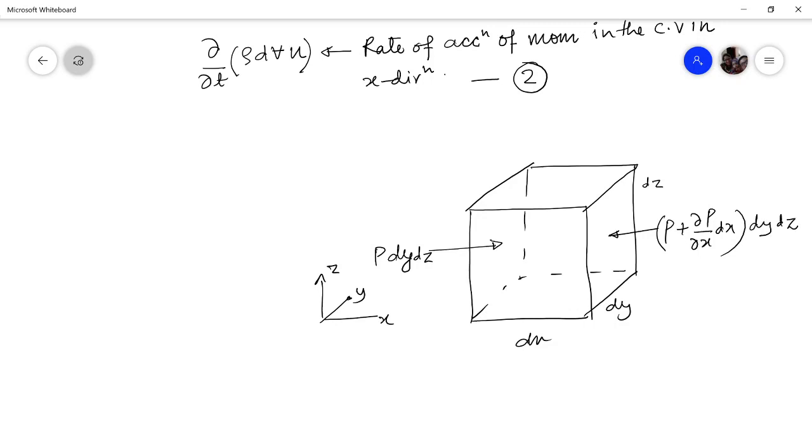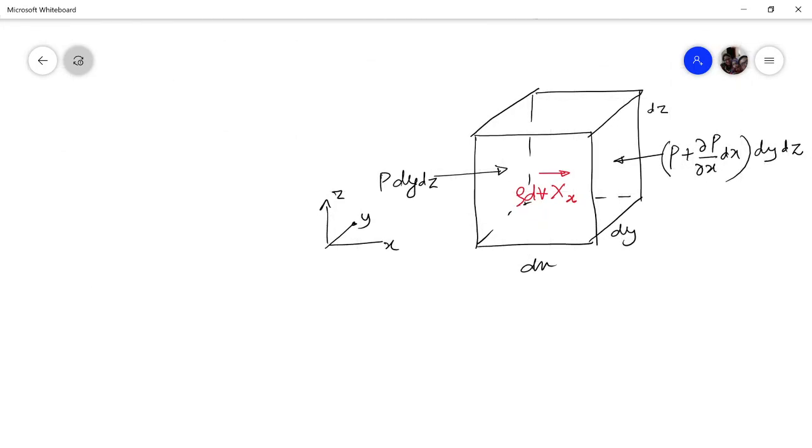Now apart from this surface force, one body force will be acting in the x direction, that is this X vector times mass. I'm sorry, in the x direction it has to be the component of that, times mass, that is rho dv.